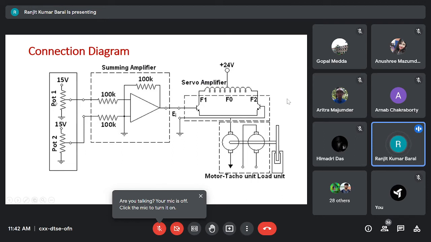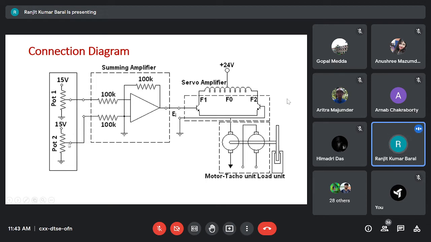How? We will use a potentiometer as a voltage divider circuit. We are giving 0 to 15 volt and take some voltage at the output with respect to ground, say 1 volt or 2 volt, and apply it to the summing amplifier. Sometimes if we need two signals, two voltages, then we apply the summing amplifier. Otherwise, we do not use the summing amplifier.